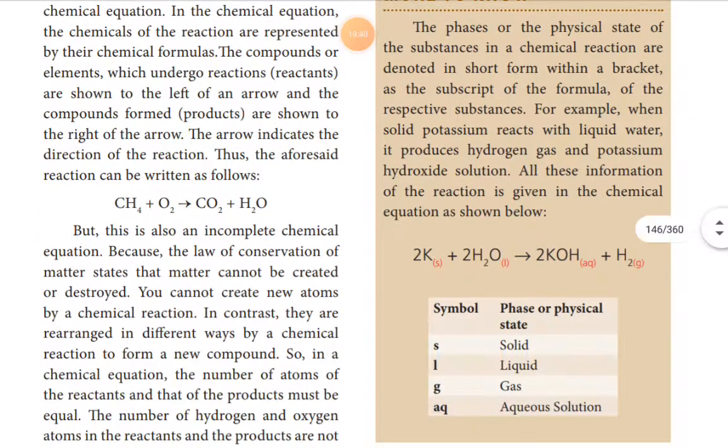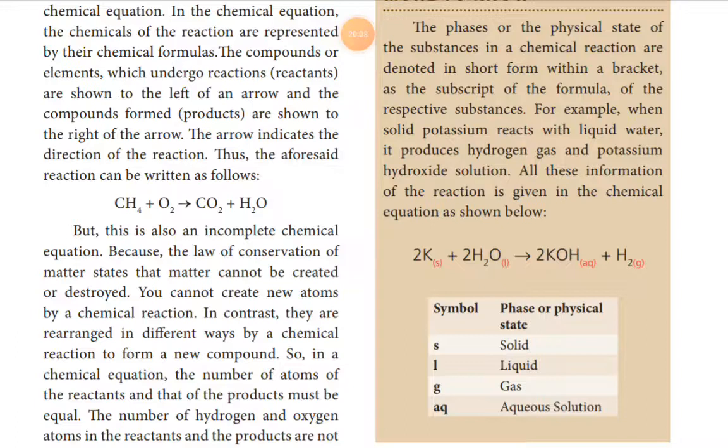So you cannot create new atoms in a chemical reaction. Simply a rearrangement of atoms of the reactants to form new compounds takes place. So in a chemical reaction, the number of atoms of the reactants and that of the products must be equal.